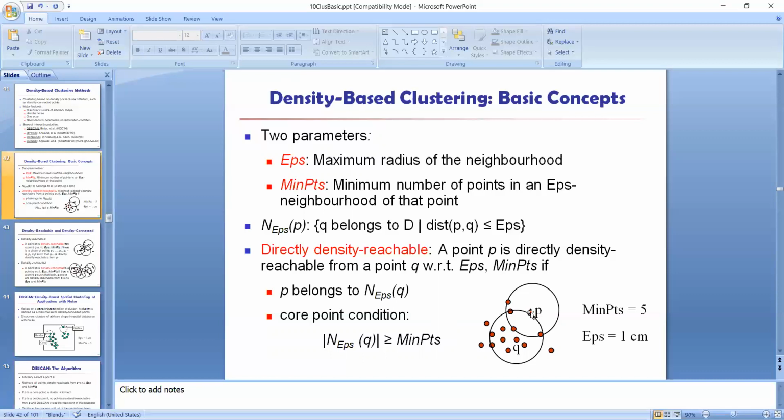So I can say that a point is a core point if it has the minimum number of points within the given epsilon radius.